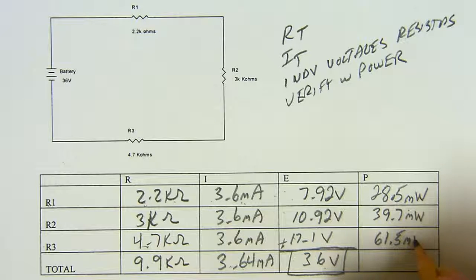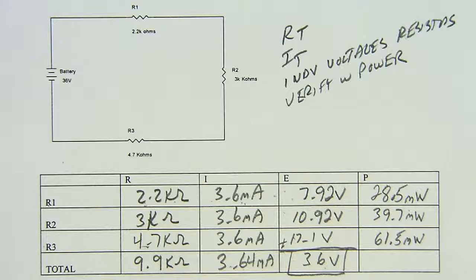61.5 milliwatts. Matt, you got the total over there? 131 milliwatts. And that was a straight multiply across. 3.64 milliamps times 36 volts.